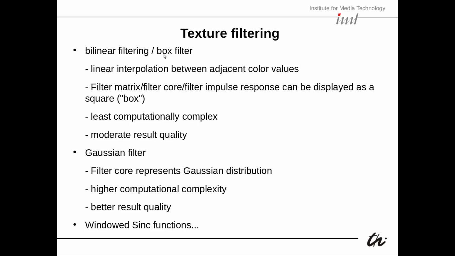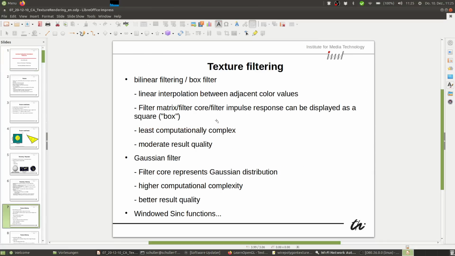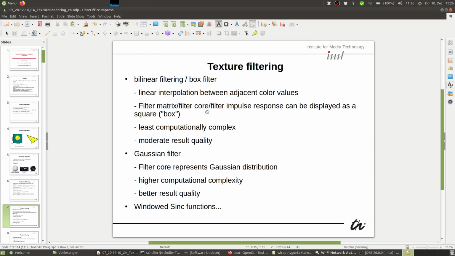So first, the bilinear filtering or box filtering. This is a linear interpolation between adjacent color values of our texture. And the filter matrix or filter kernel or filter impulse response can be displayed as a square or the box. So this should actually be kernel, not core.